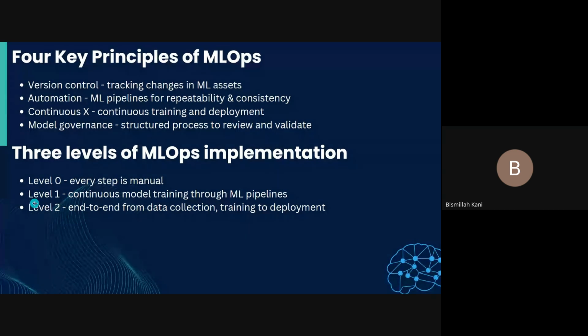The second level is a little bit better than level 0, where you do implement some automation, but not the full end-to-end automation. So what you implement is machine learning pipelines. You have one for training, one for data preparation, one for, let's say, evaluation, and one for deployment.